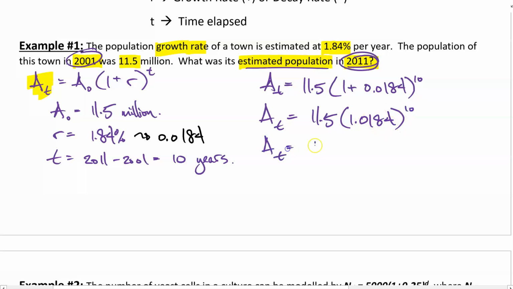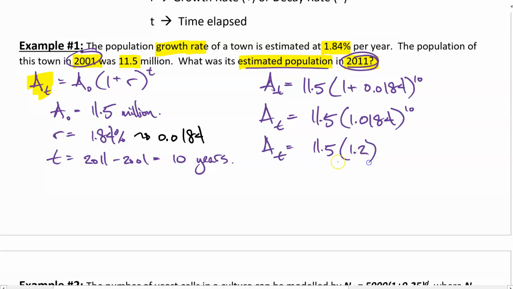AT is equal to 11.5, and then whatever 1.0184 to the exponent 10 is. And if you do that on your calculator, you're going to get 1.200007351. I'm just going to call that 1.2 because the rest of the decimals are not significant here.